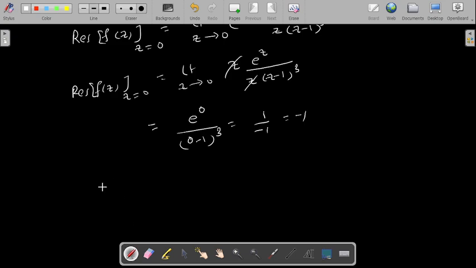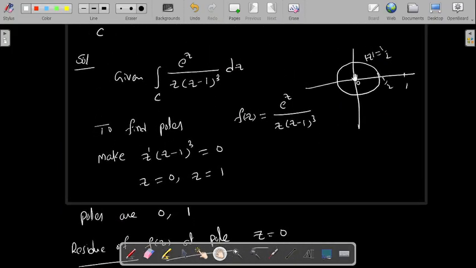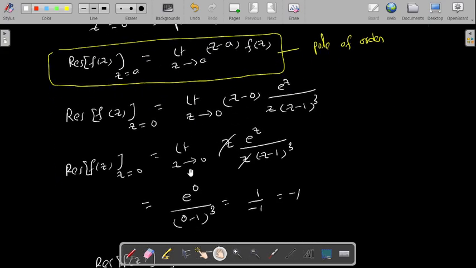So residue of f(z) at z equals 0 is minus 1. Only one pole is inside the circle, so we find the residue at that one pole only, that is z equals 0. However many poles are inside, at that many points you have to find the residue.